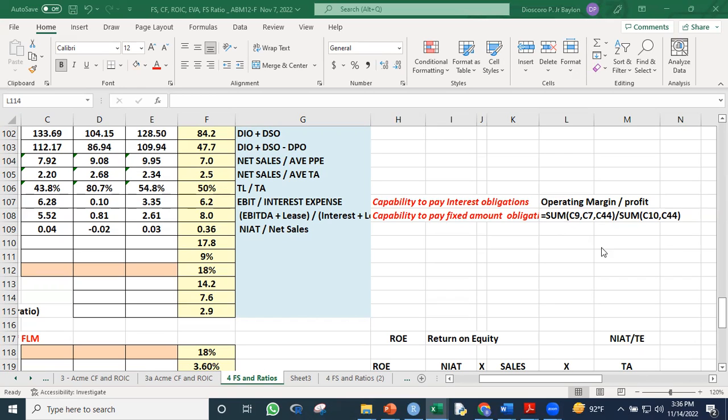Yung EBIT plus depreciation, yung EBITDA yon, binawas na dun yung lease payment, no? As an expense, nakabawas na yun eh. So kailangan i-add back natin siya para malaman natin kung magkano ba talaga yung available natin na pondo pambayad. Okay, so hindi lang EBIT plus depreciation, kasama dapat yung lease.